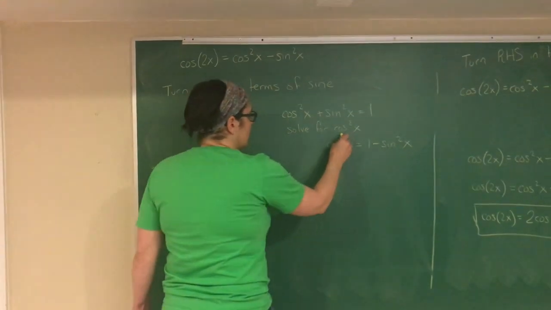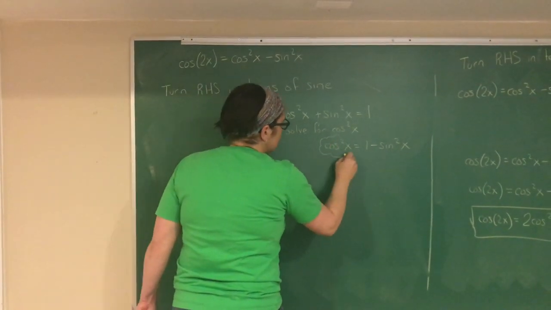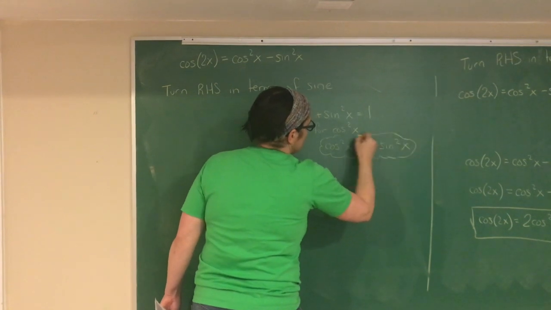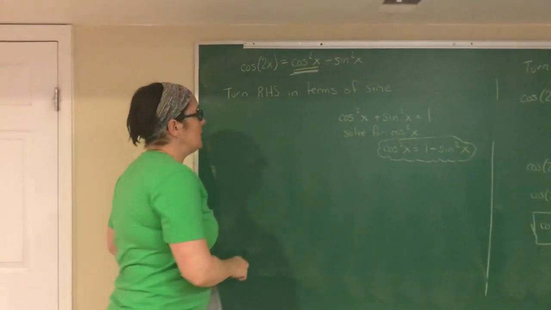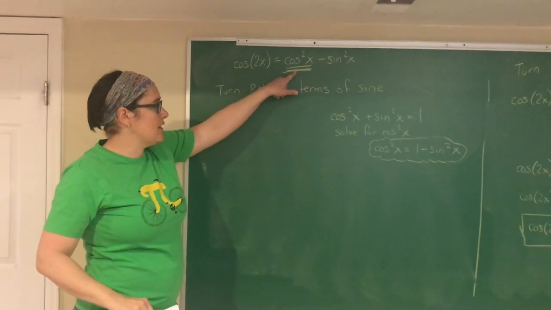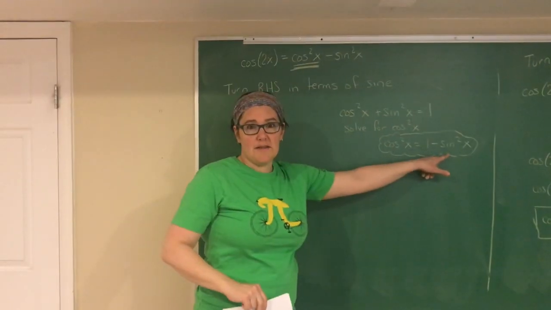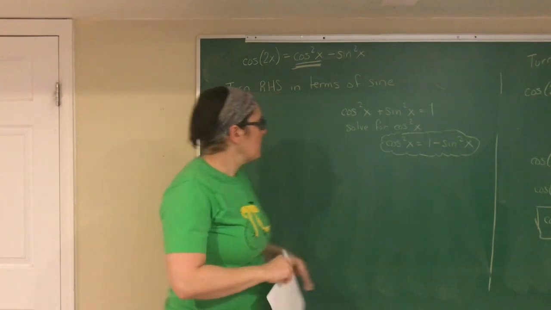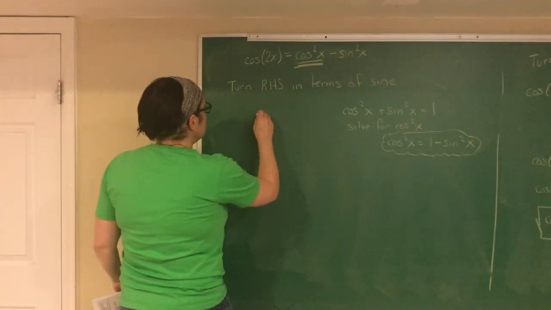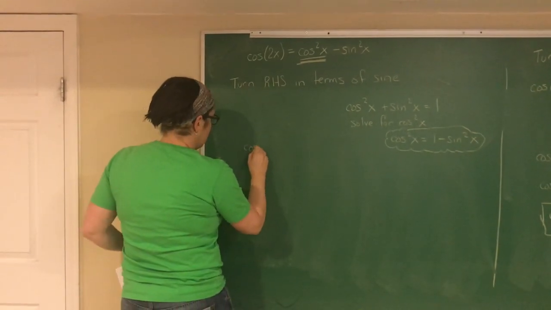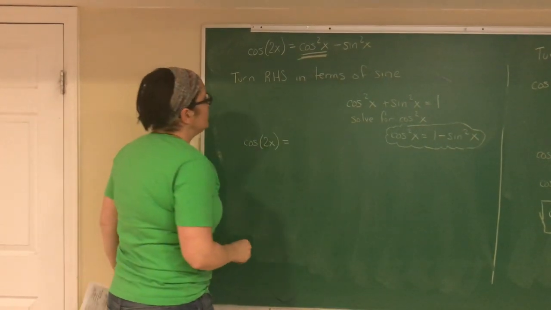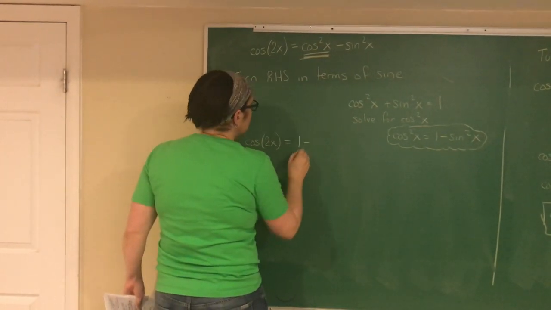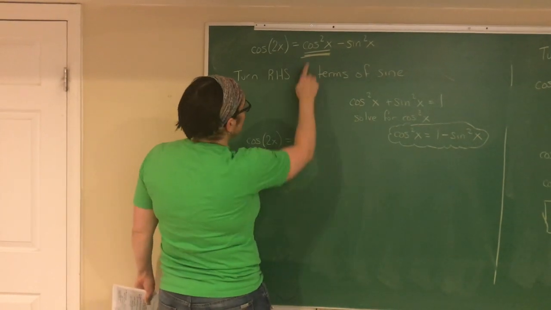That means that I'm going to take cosine squared x equals 1 minus sine squared x, and up in my original formula, I'm going to replace cosine squared x with 1 minus sine squared x. So that's going to give us cosine of 2x is equal to 1 minus... oh, wait, hold on.